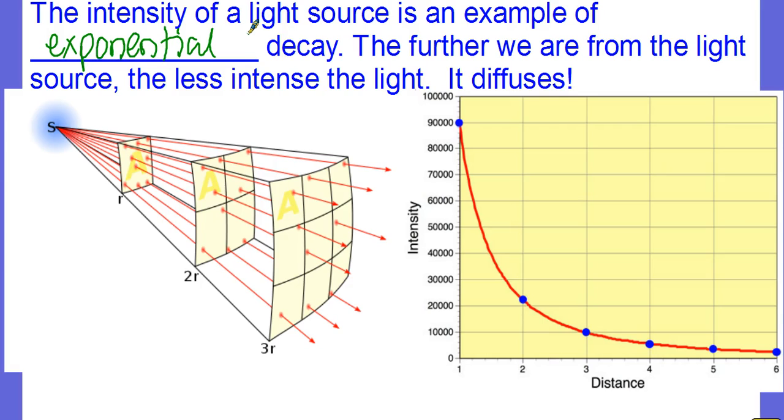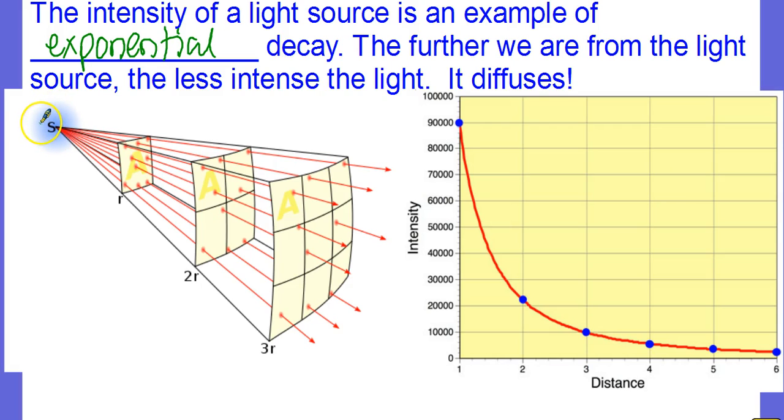They're all concentrated on one spot, right? And the further away you get, the more the rays spread out and the light isn't as intense. So we're going to be studying the intensity of light. The source, for example the sun, would be super intense.